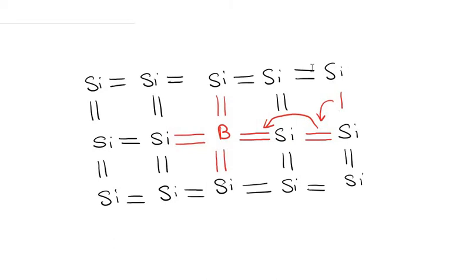Since this bond is unsatisfied, or let us say initially the bond between this boron atom and this silicon atom was unsatisfied, the introduction of boron atoms in silicon basically introduces holes in the valence band. If I introduce boron in silicon, this would introduce unsatisfied, or half satisfied, bonds.